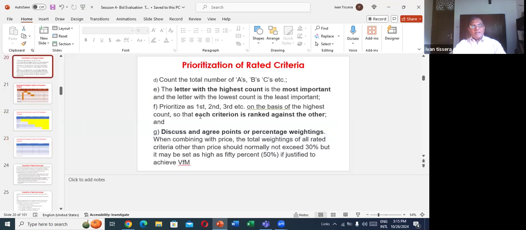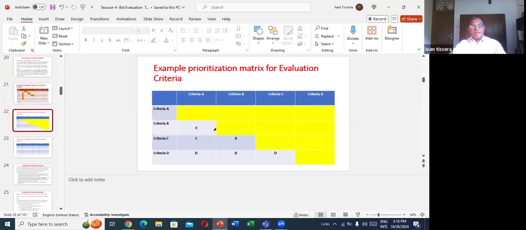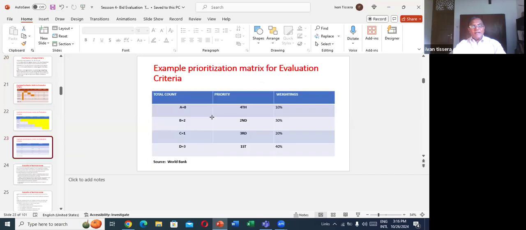Then, what is this? Prioritize as first, second, third, etc. So, based on that, we prioritize criteria, right? On the basis of the highest count, each criterion, not the bidders, each criterion is ranked against the other. So here, who has the highest number?